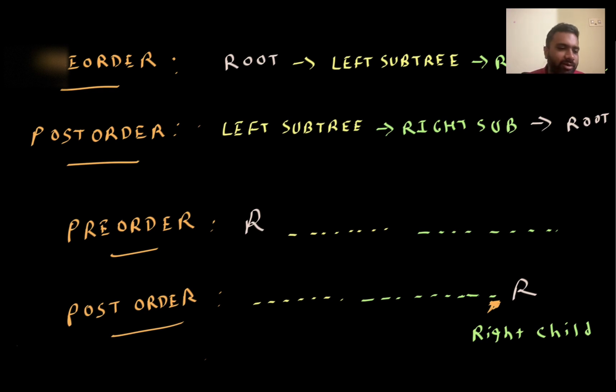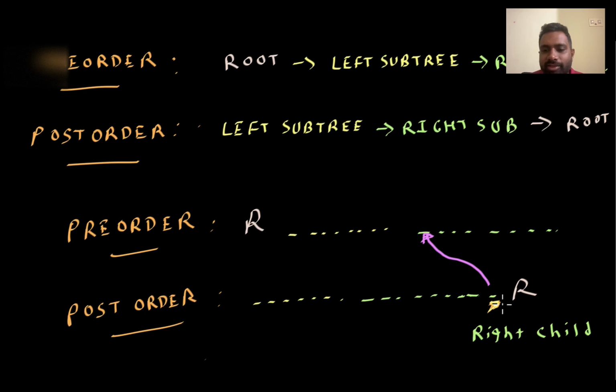Just observe one more property: whatever this right child is, it will be the very first node in the pre-order traversal of the right subtree. So it will definitely be here, 100%. We are very, very sure.